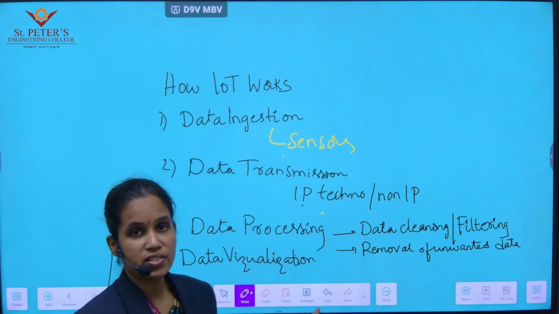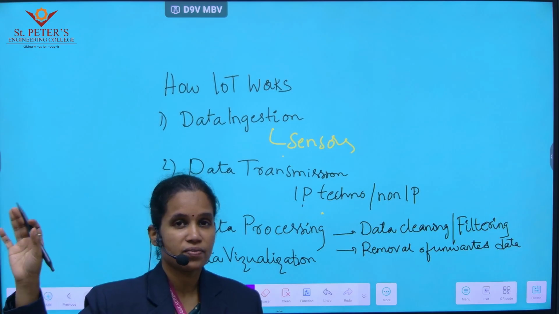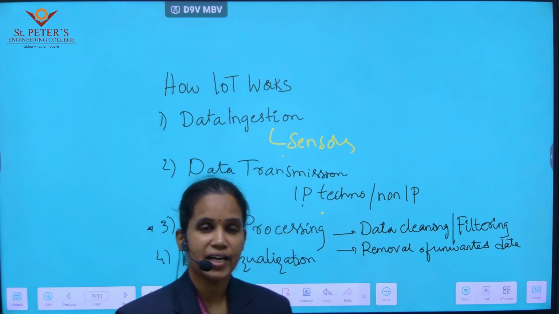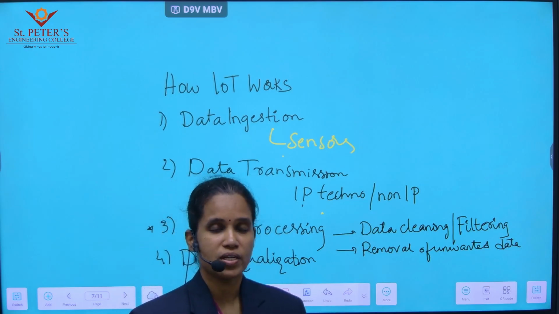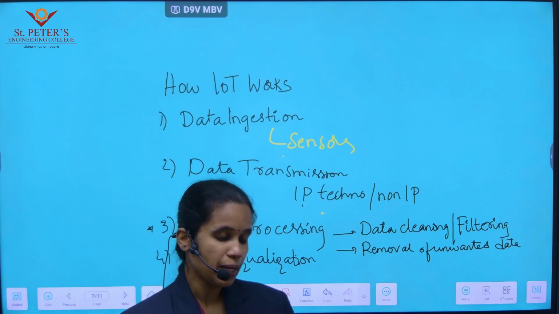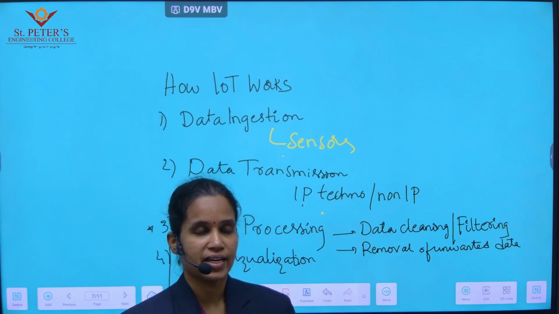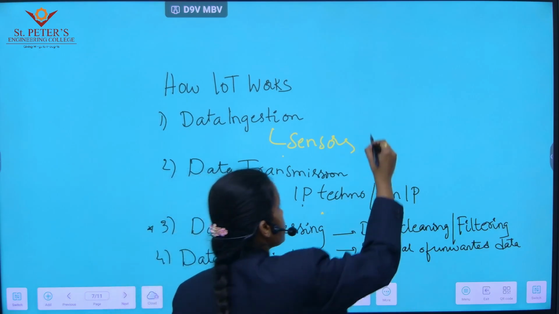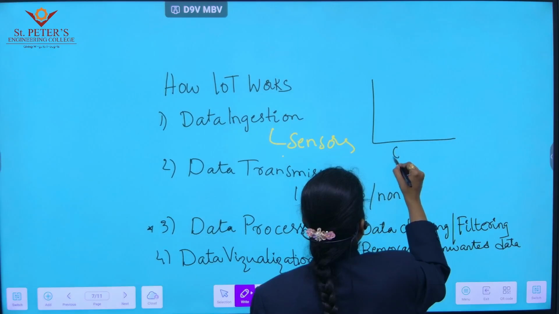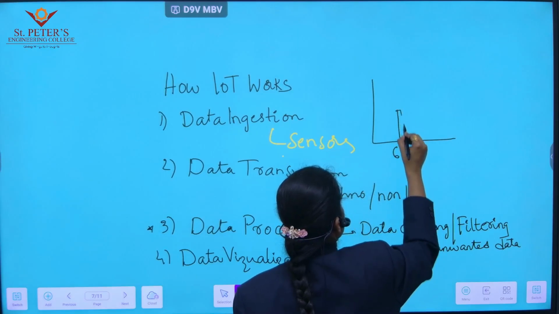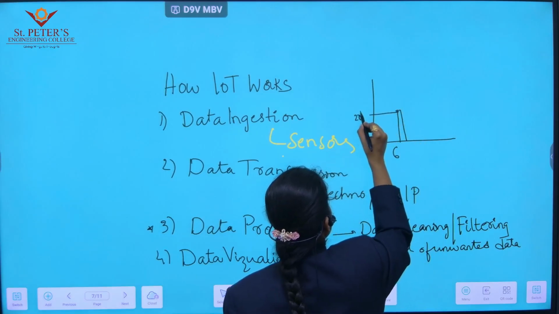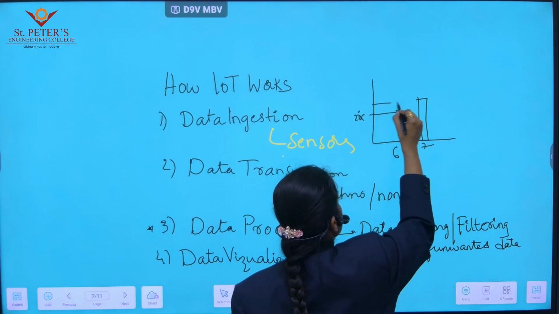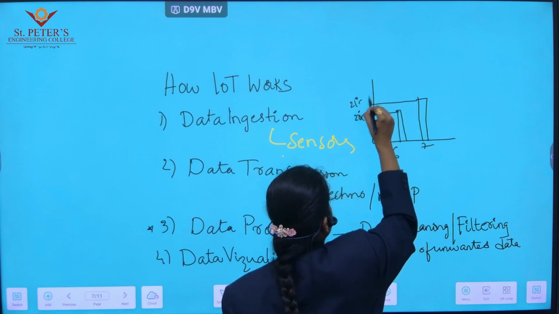So, data visualization. Whatever data the cloud server has should be visible to us. That data can be made visible to the user either through a simple message like the temperature in your living room is 25 degrees centigrade, or it can be represented using a bar graph, like, suppose at 6 p.m. your temperature is 20 degrees centigrade, and at 7 p.m. your temperature is 21 degrees centigrade.